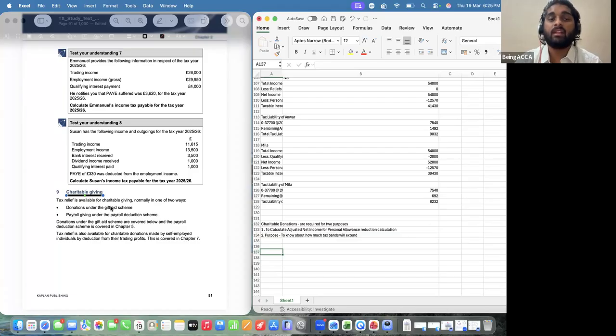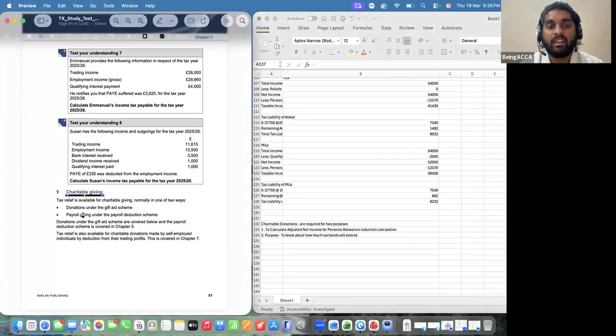Charitable donations are donations that an individual makes to any charitable organization. There are two types of charitable donations. One is donations under the gift aid scheme, and the other is payroll giving under the payroll deduction scheme.